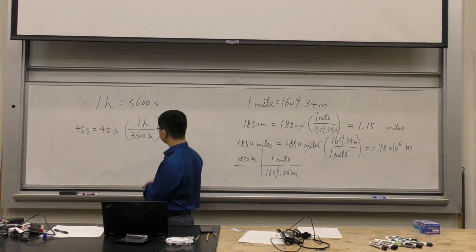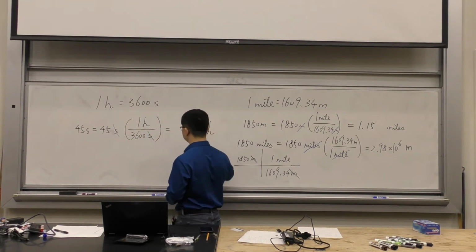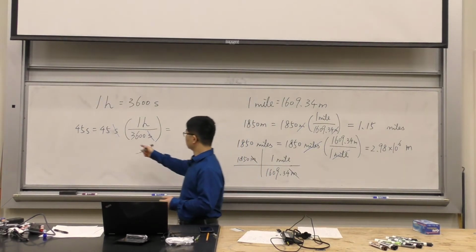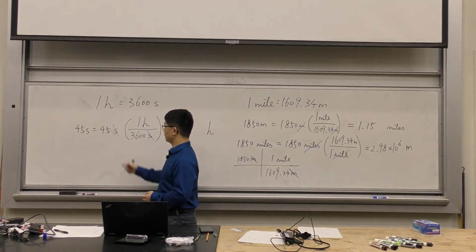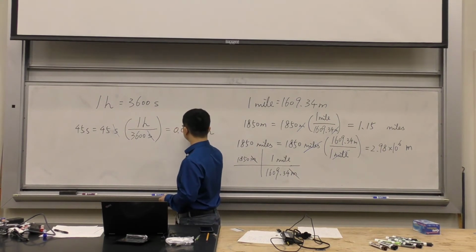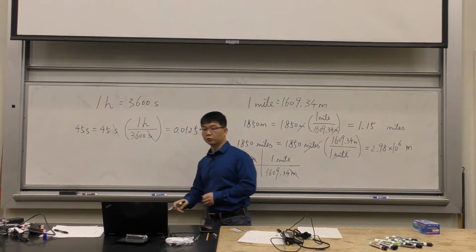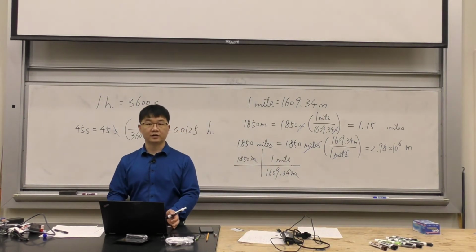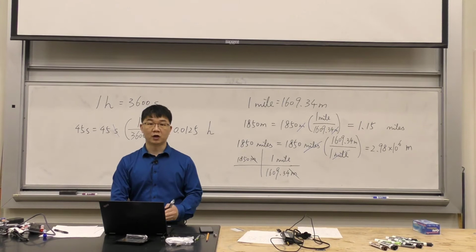And then once I cancel them, you see that I only have hours left at the end. That is the unit I want. Now I can do algebra. It's going to be 45 times 1 divided by this. So the final answer is this. That's how we convert units, and it's very important in physics because you may get different units in the real problem.